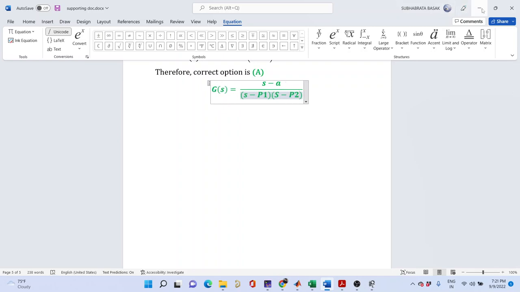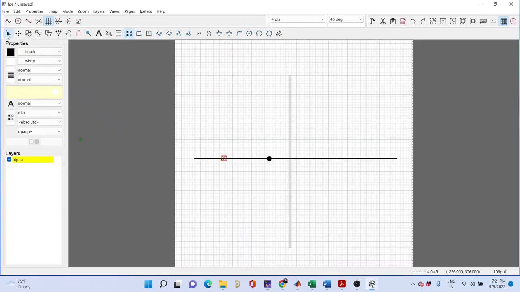Maybe there is another pole, maybe at the origin I am placing another pole.